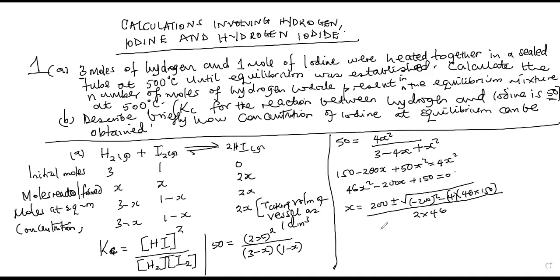So this one will give you the values of x. After putting in the quadratic formula, you can now put on your calculator and get the answer. You may not go through all those steps of solving.